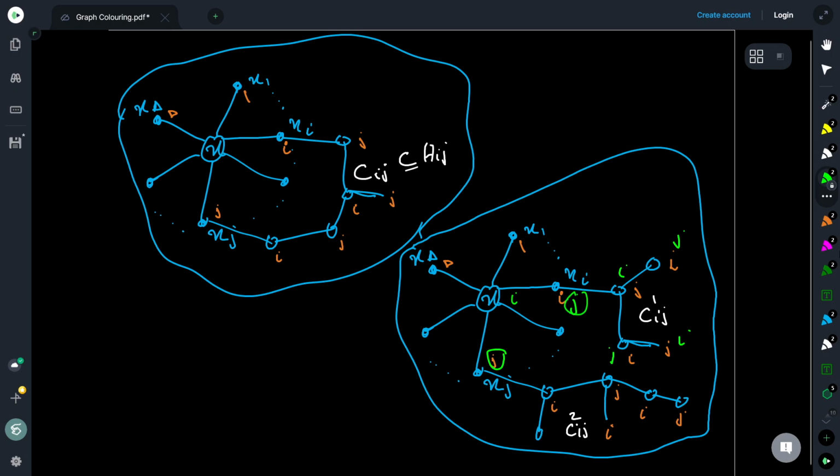Therefore, at least the component containing xi and xj must be a connected component of the graph Hij. So let us call it Cij. Cij is the component which contains xi and xj.